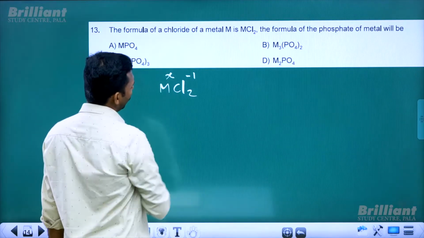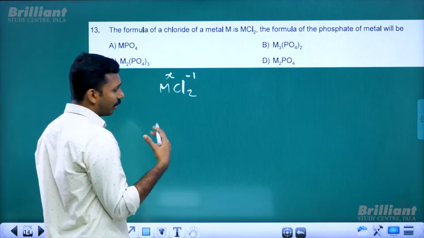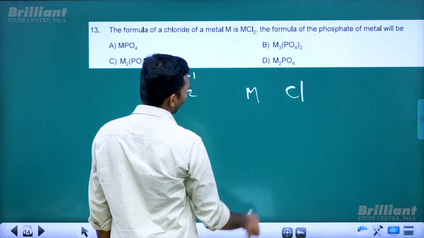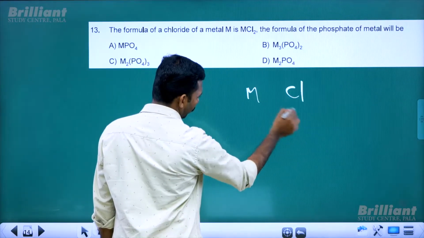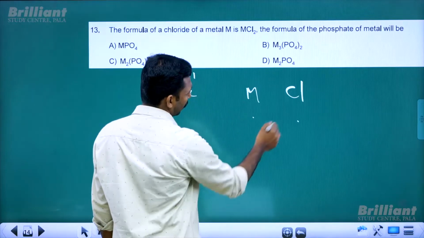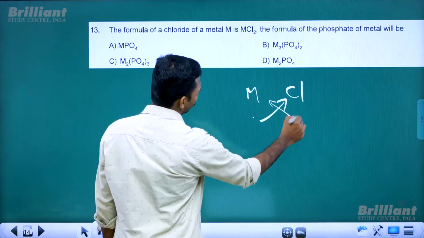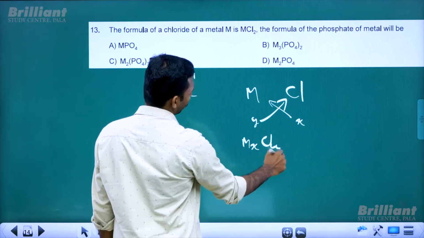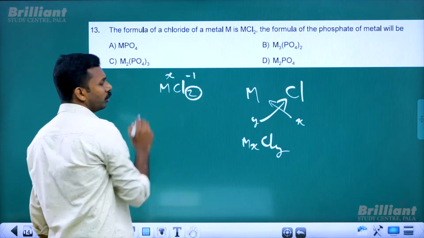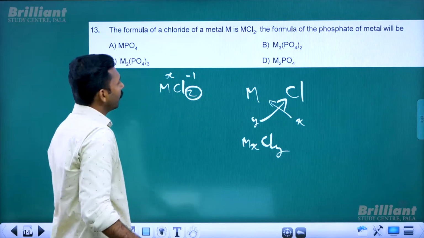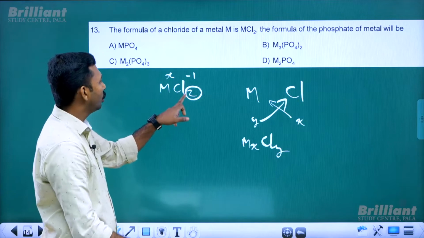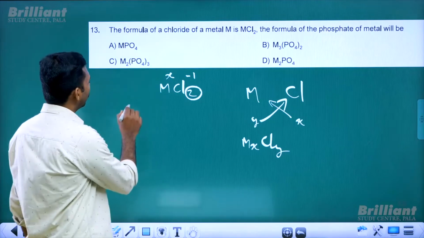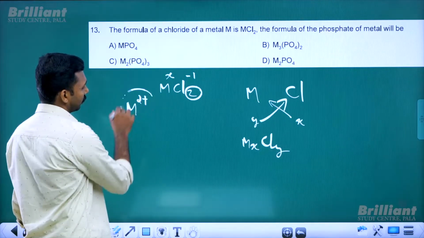We know from this formula itself, usually how we will write the formula, we will give M here, chlorine here, and valency of chlorine will be given here, and that of metal will be given here, and it will be crossed, right? So if it is X and Y, we will write it as Mx and Cly. So this number will be corresponding to M actually. Okay, so from this formula, it is clear that 2 will be the valency of metal. So metal will be M2+ here.